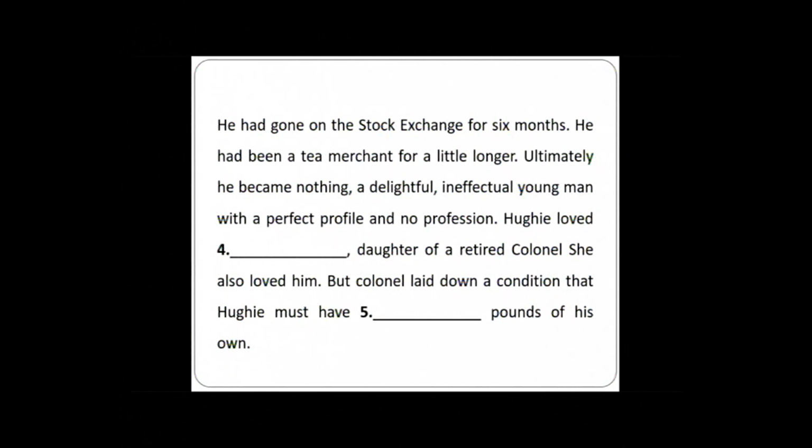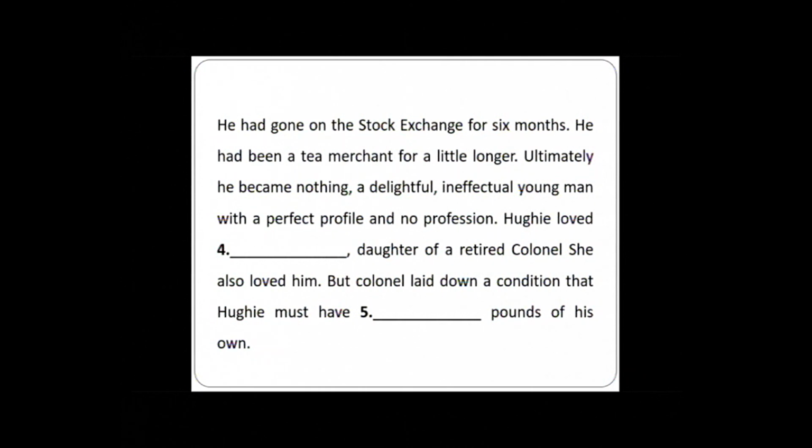Then he had tried selling dry sherry. That did not answer. The sherry was a little too dry. Ultimately, he became nothing, a delightful, ineffectual young man with a perfect profile and no profession. To make matter worse, he was in love. The girl he loved was Laura Merton, who was the daughter of a retired colonel.